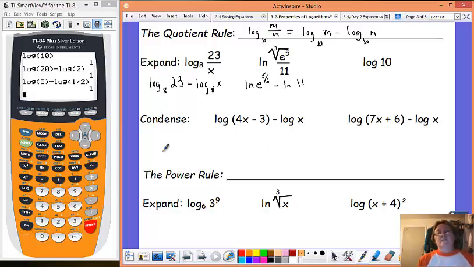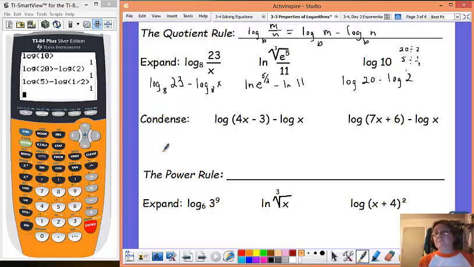The common log of 10, well, we're talking about the quotient rule, so we'd be looking for things that divide to make 10. Things like 20 divided by 2, or 5 divided by 1/2. This should break out then. We start as a quotient. We should be able to break out as a subtraction. So the log of 20 minus the log of 2 is one way to simplify that.